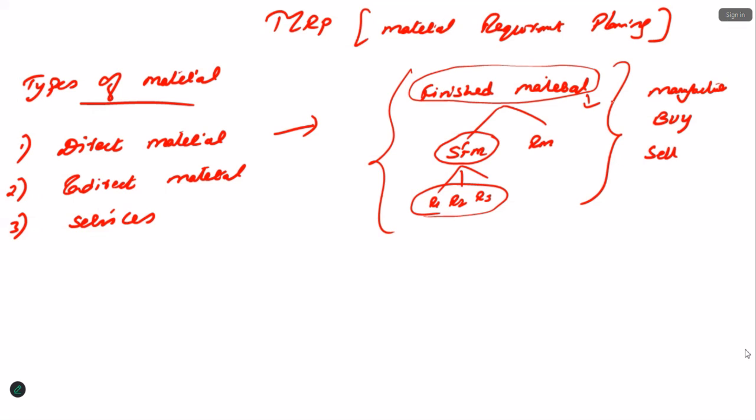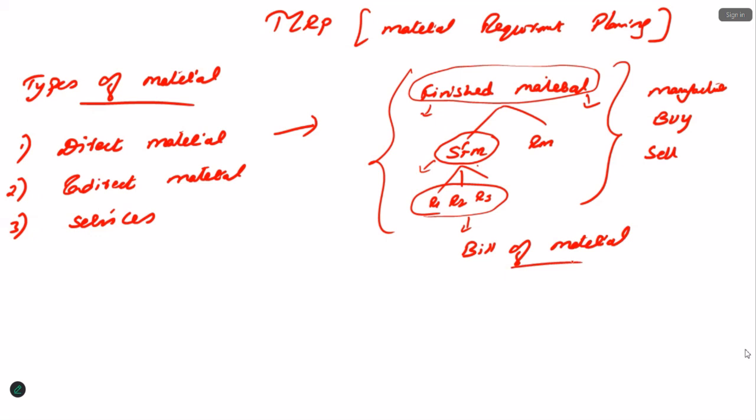So this is a material which is going to be produced into semi-finished material. So this is also direct material. This is also direct material, and this is also direct material. And to produce the semi-finished material, we know that we need raw material 1, raw material 2, raw material 3 with the help of the bill of material. We saw this bill of material terminology in subcontracting.